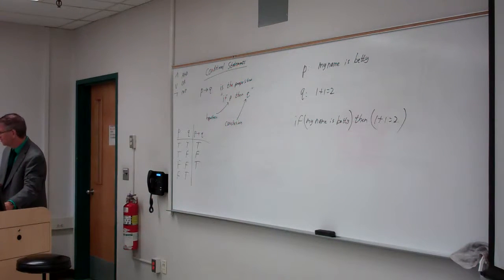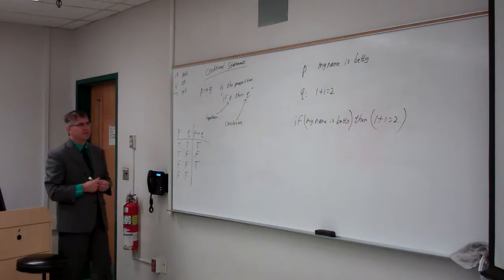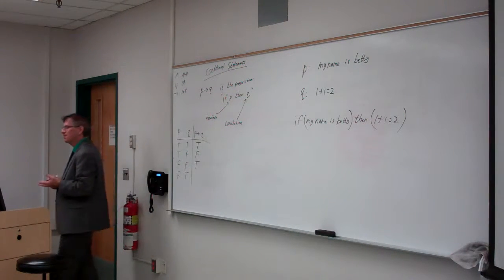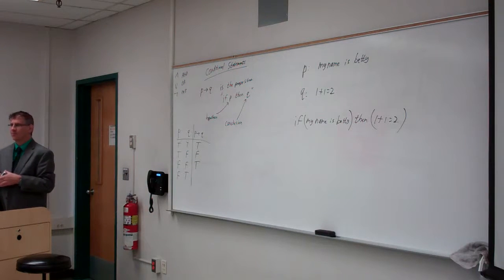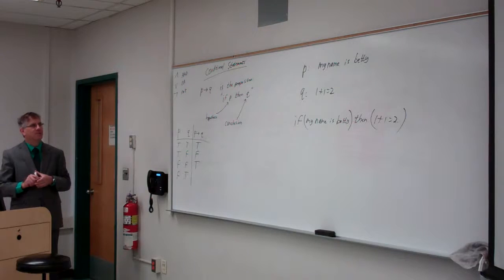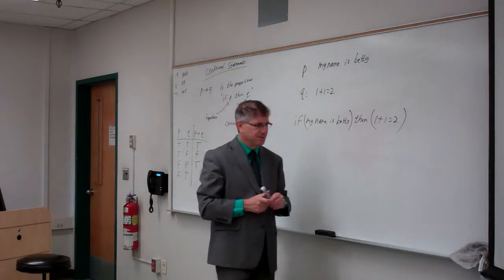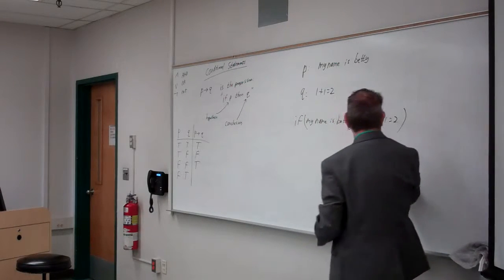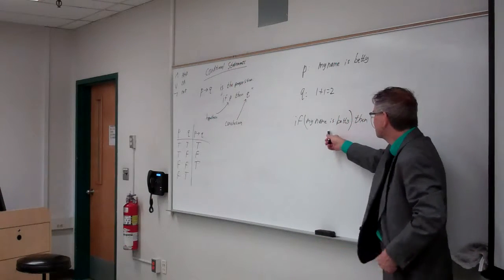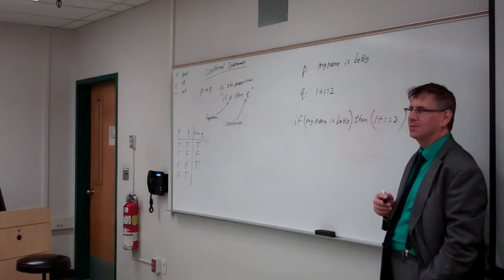Is 1 plus 1 equal to 2? Yeah. How can some statement that concludes 1 plus 1 equals 2 be false? Because one of the conditions is false. But we're not asking if these conditions are true. We're saying if this absurd hypothesis is true, will the conclusion be true?